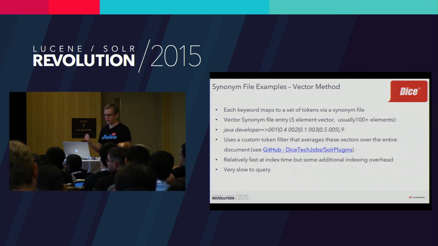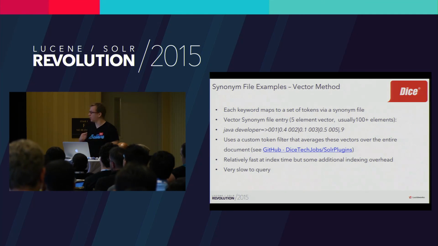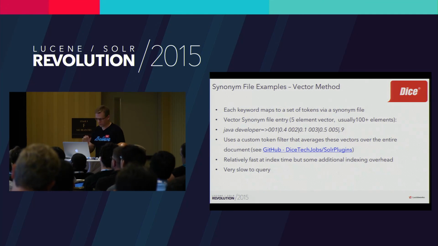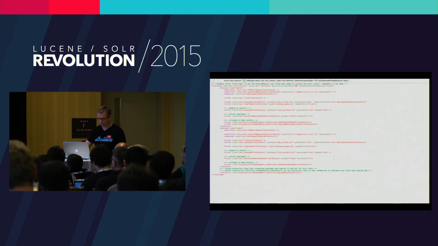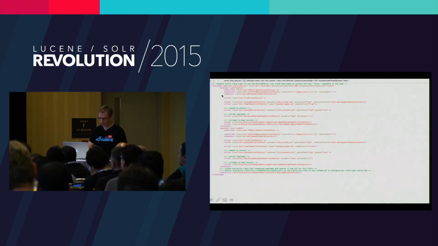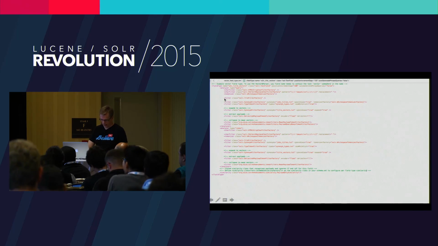Okay, so what do some of these example synonym files look like? I'm going to skip the vector-based method, but you can read more about that on the plugin page. But this is an example analysis chain for this kind of technique. We just do some basic pre-processing here to remove HTML characters and whitespace tokenize.